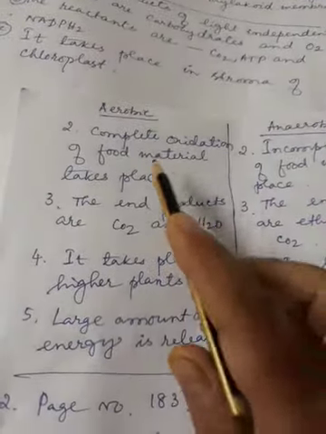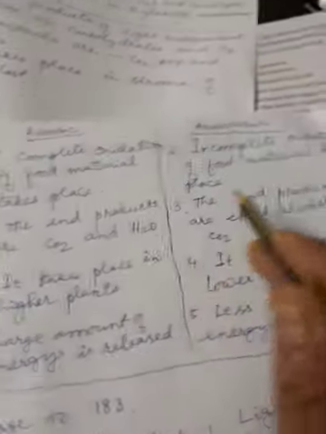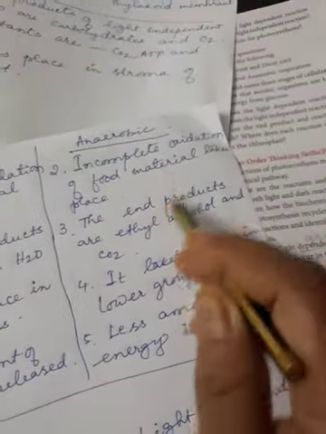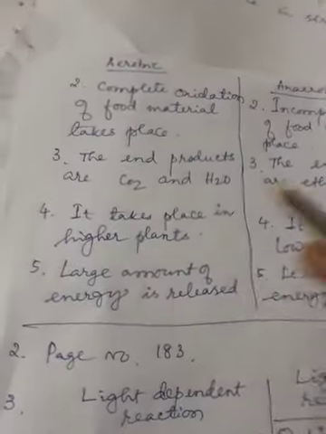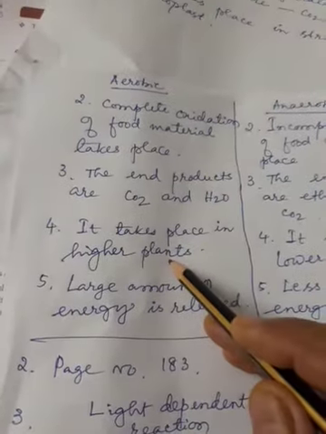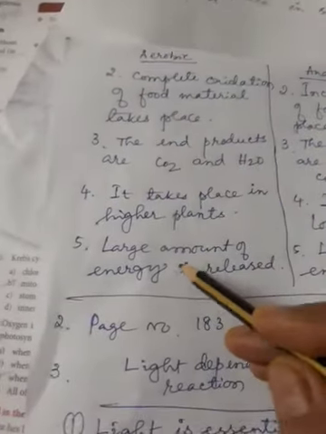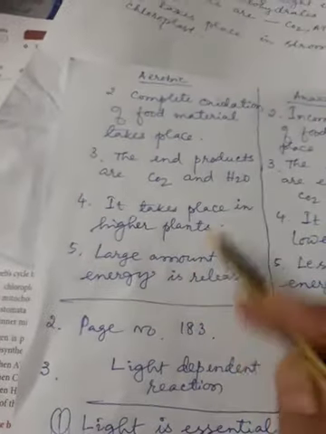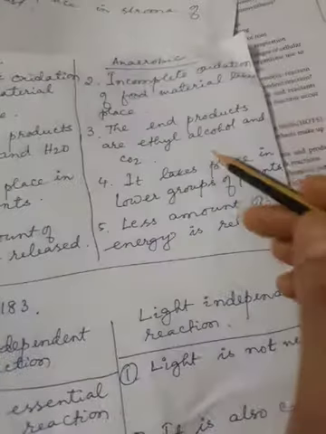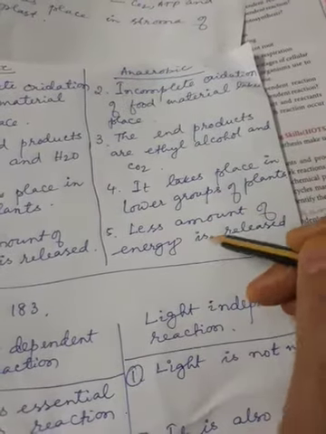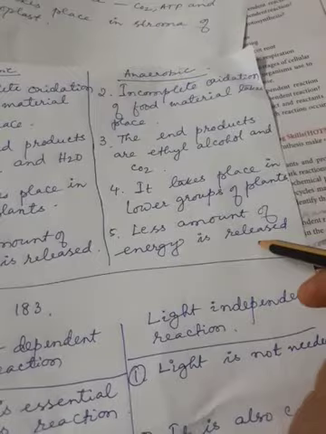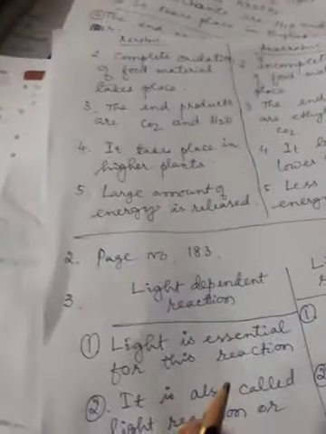The end products of aerobic respiration are CO2 and H2O, and the end products in anaerobic respiration are ethyl alcohol and CO2. Aerobic takes place in higher plants, anaerobic takes place in lower groups of plants. Large amount of energy is released in aerobic respiration and less amount of energy is released in anaerobic. These very simple 5 points I have given for you, so to be memorized.